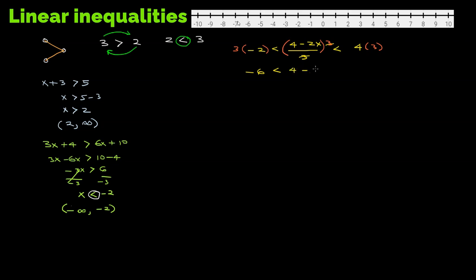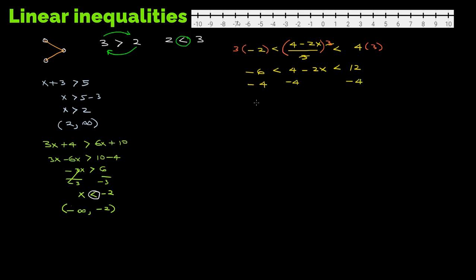4 minus 2x is less than 12, right? So the next thing I have to do is remove the 4 in the middle of the inequality. I have to subtract 4. So I can simply do it from here: minus 4, minus 4, minus 4. You have to do the same on all three parts.